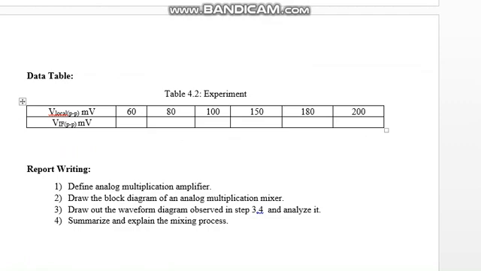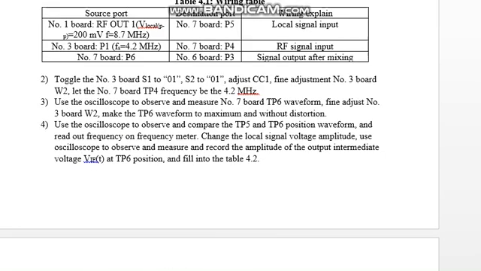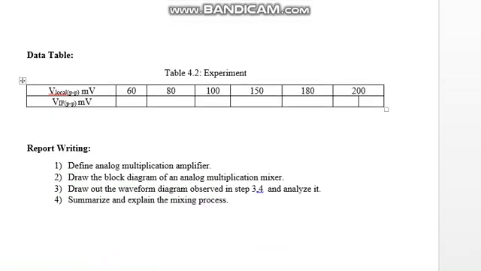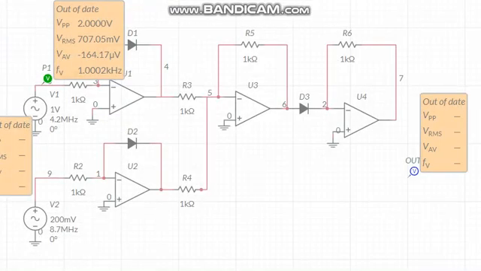We have to keep one thing very clear, that is 200 millivolt at 8.7 megahertz, that means the oscillator input. Now that is the 200 millivolt that I have set here. So let's start.